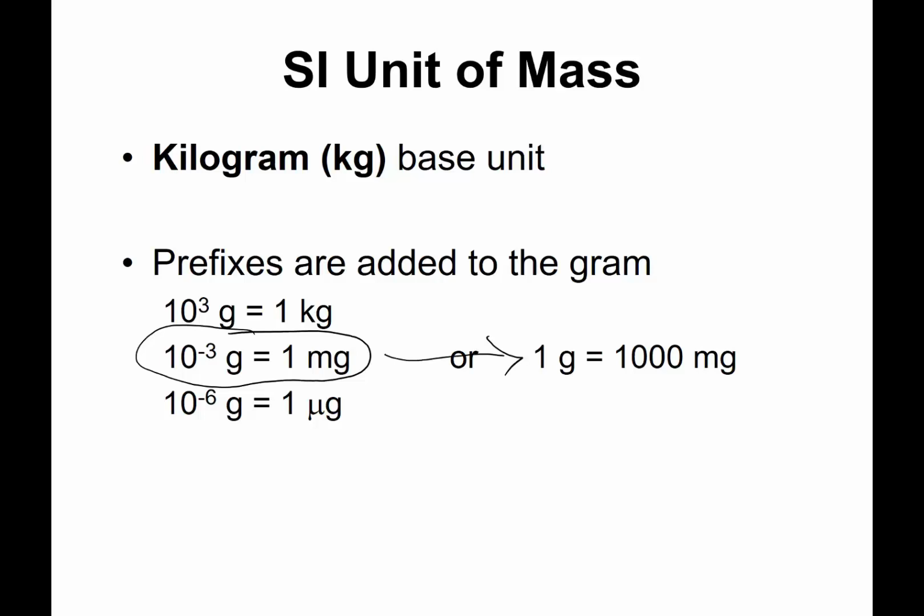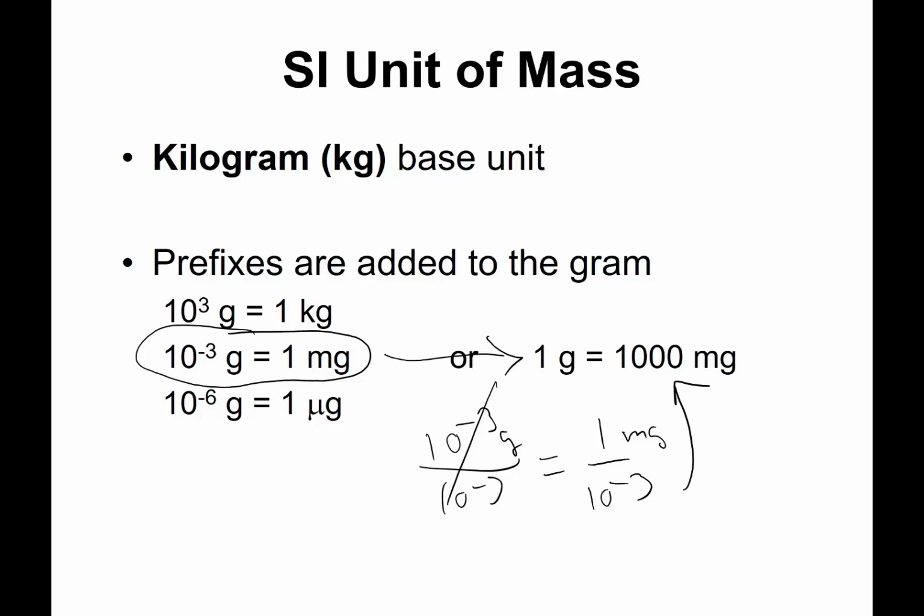So this is just changing the 10 to the minus 3, okay? So you're just gonna do a little bit of algebra. You divide by 10 to the minus 3 both sides, right? So if you have 10 to the minus 3 grams and you divide by 10 to the minus 3, that's what this is here, right?